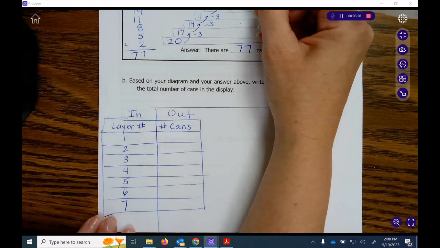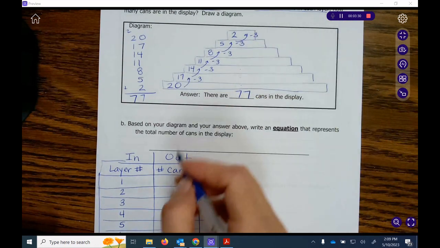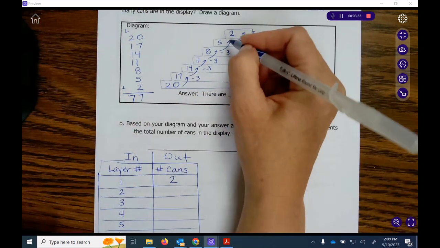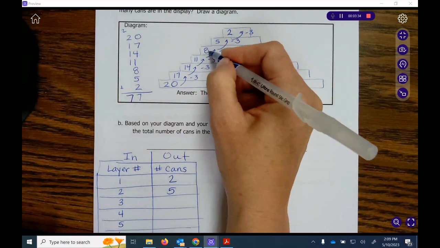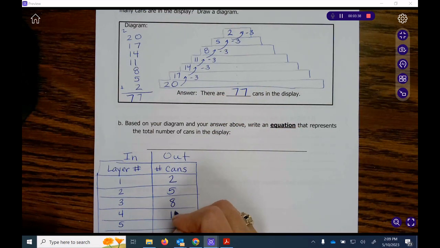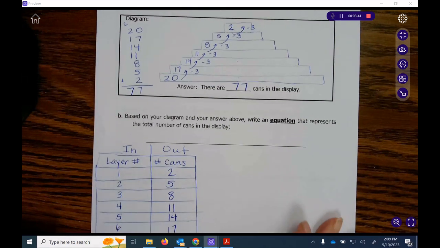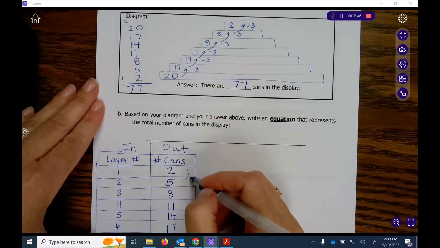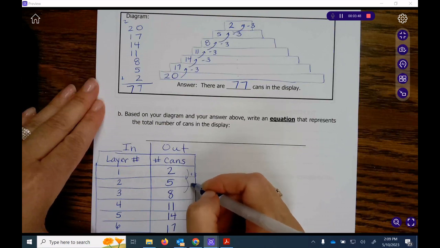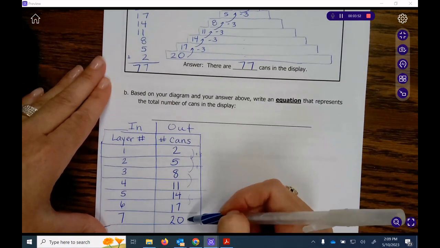So layer 1, let's say is the top, has 2 cans in it. Layer 2 has 5. Layer 3 has 8. Layer 4, 11, 14, 17, and 20. Okay, so we know that this is plus 3, plus 3, plus 3, plus 3, plus 3. So we know that that's plus 3 this way.